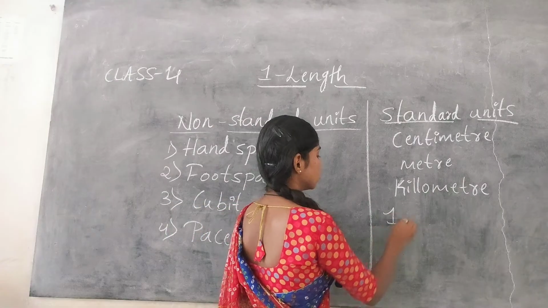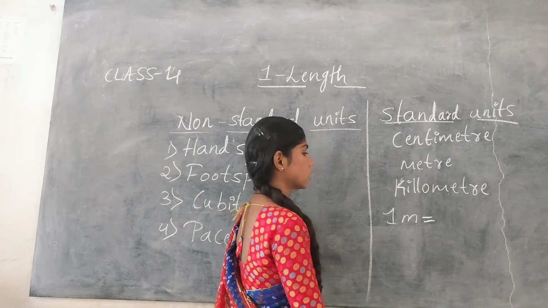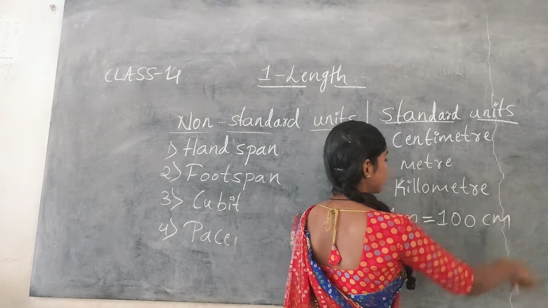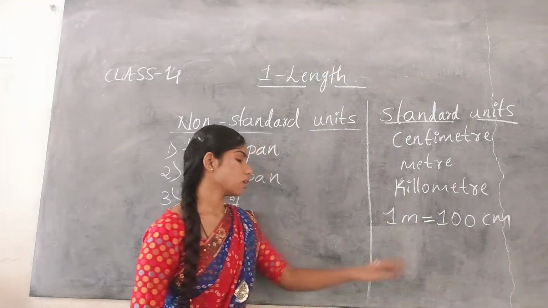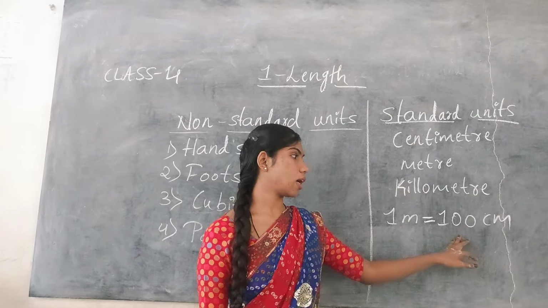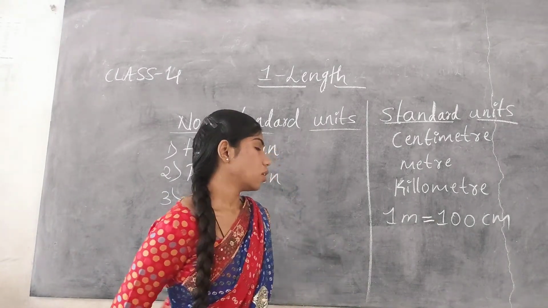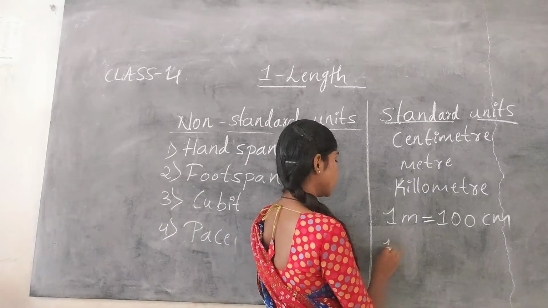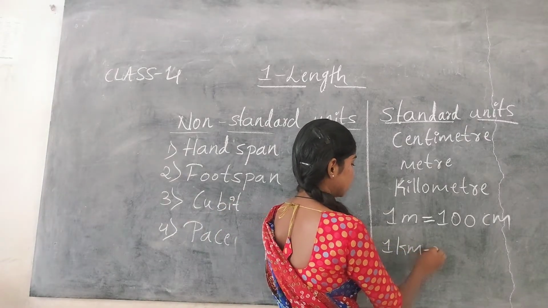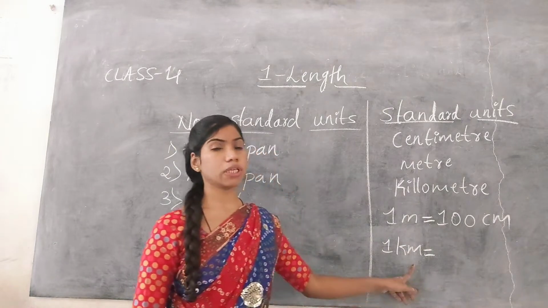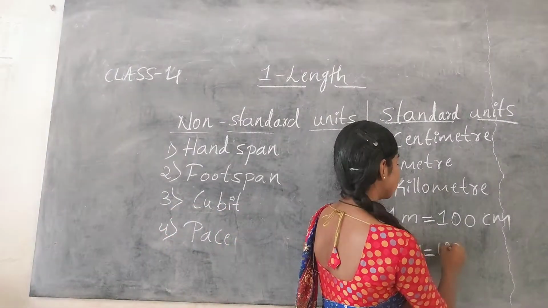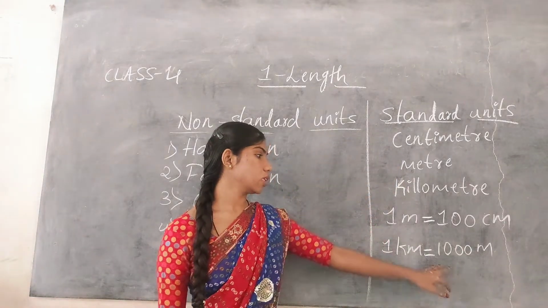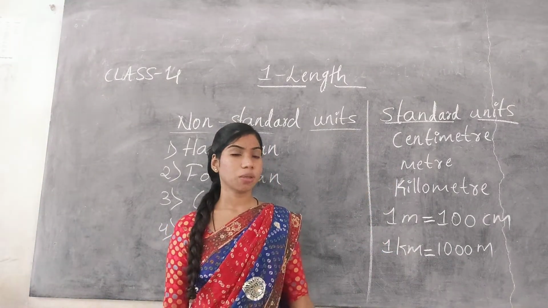1 meter is equal to 100 centimeter. And 1 kilometer is equal to 1000 meters.